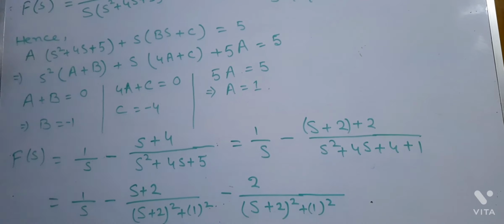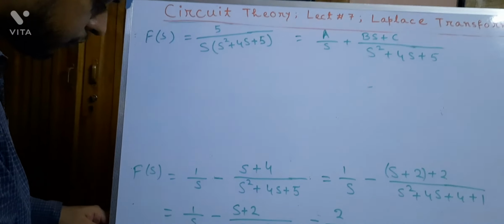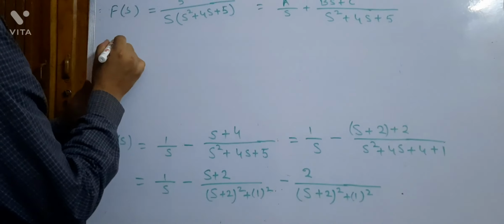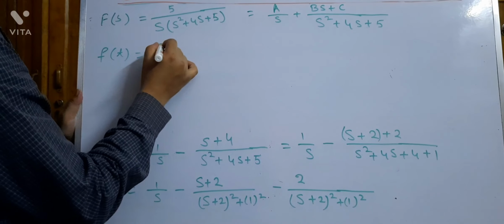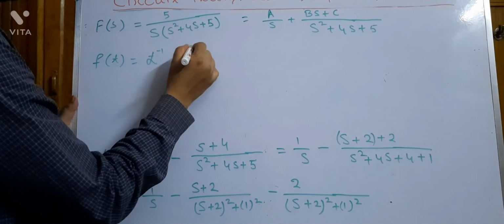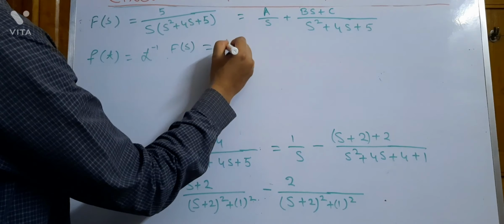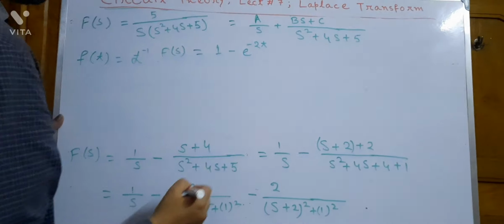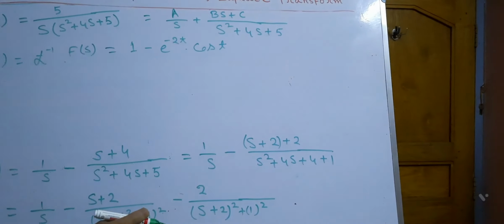Now from the concept of Laplace transform and inverse Laplace transform, we can write f(t), that is inverse Laplace transform of F(s), is equal to inverse Laplace transform of 1 by s, which is 1, minus e to the power minus 2t cos t, here omega is equal to 1.